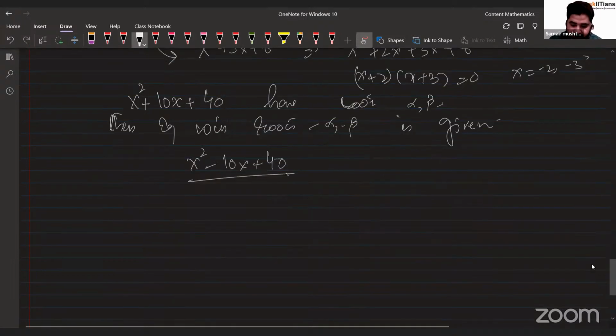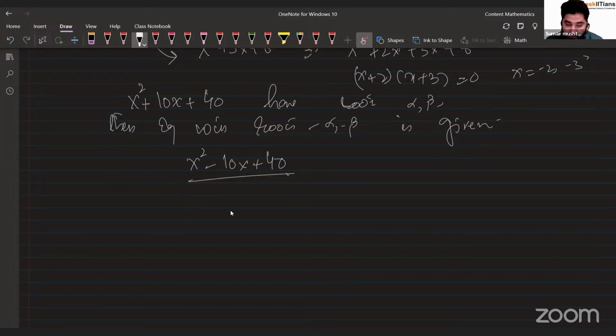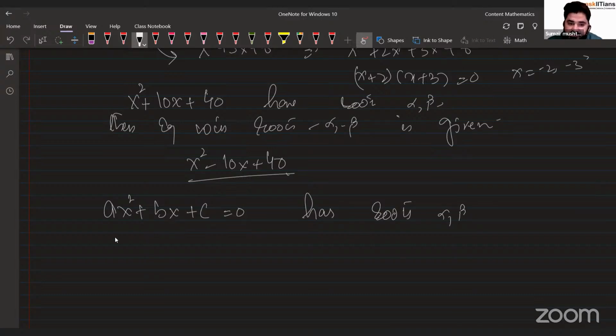And one of the questions which has been asked, okay: suppose a quadratic equation ax square plus bx plus c is equal to 0 has roots alpha, beta. Then the equation with roots 1 by alpha, 1 by beta, that means the reciprocal of roots.